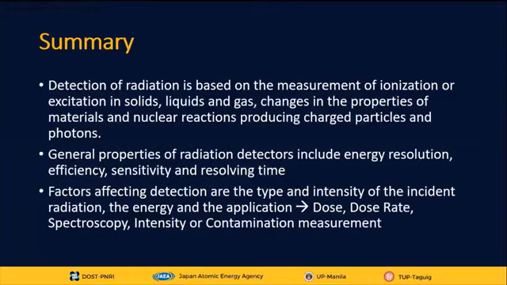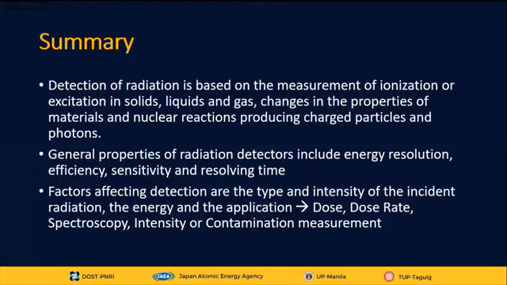So in summary, in this module we have discussed the detection of radiation. Detection of radiation is based on the measurement of ionization or excitation in solids, liquids, and gases, the changes in the properties of the materials, and nuclear reactions producing charged particles and photons.